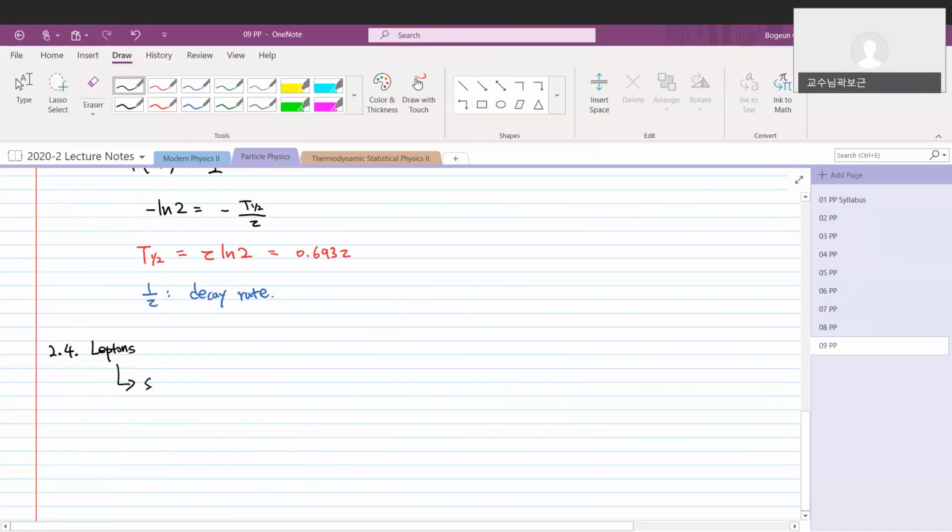A lepton is a fermion, a spin 1/2 particle. They interact by the electromagnetic field and weak interaction, but there is no strong interaction.